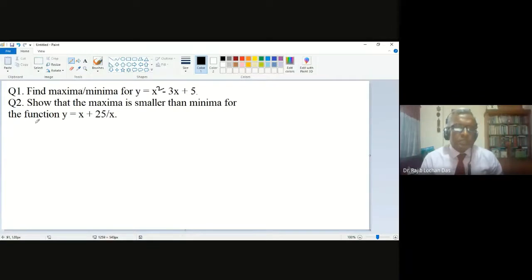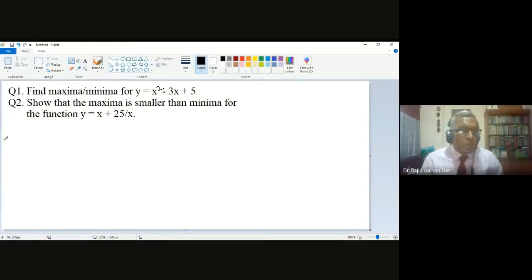And in the second question, it is said you will find out maxima minima both, but you will show that the maxima is actually smaller than minima. So this will give you more clear idea on the topic also. So let us do one by one.